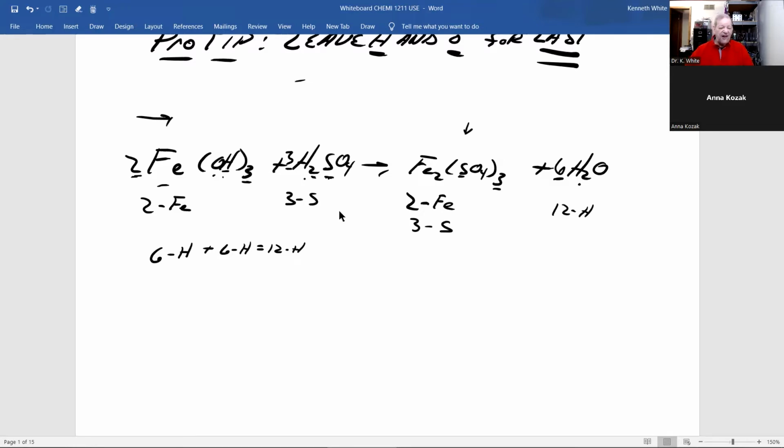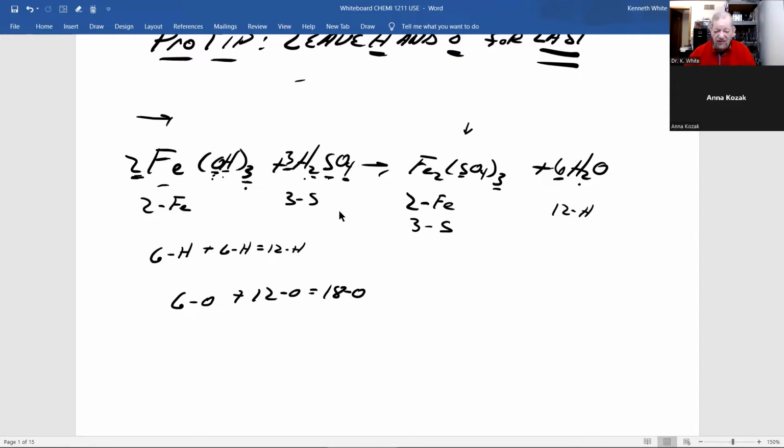Now come on this side, how many oxygen? Because that's all that's left. Again, it's in the bracket where there's a 3, but in the front here 2, so 2 times 3 times 1, 6 oxygen. But over here, 3 times 4 is 12 oxygen. And that adds up to 18 oxygen.